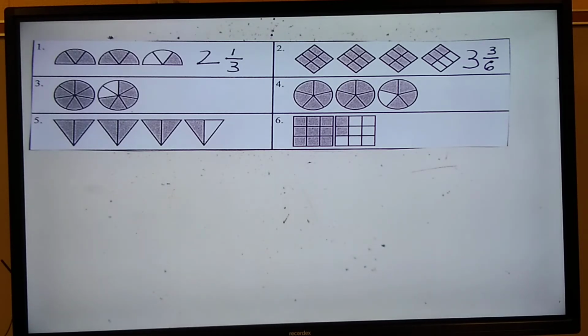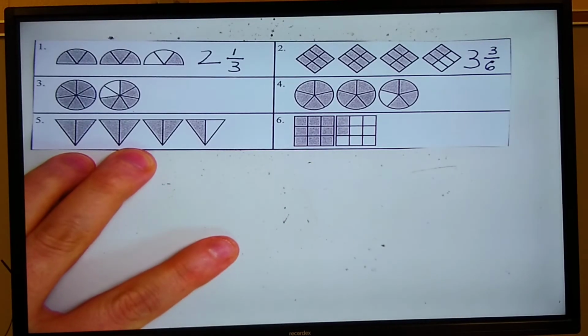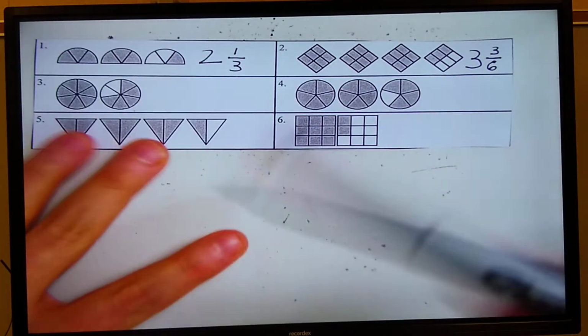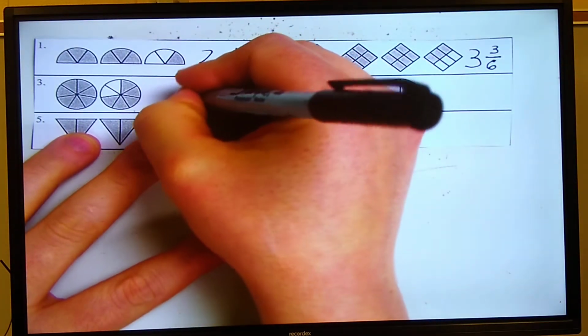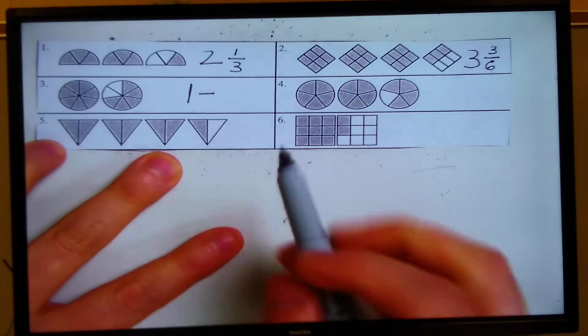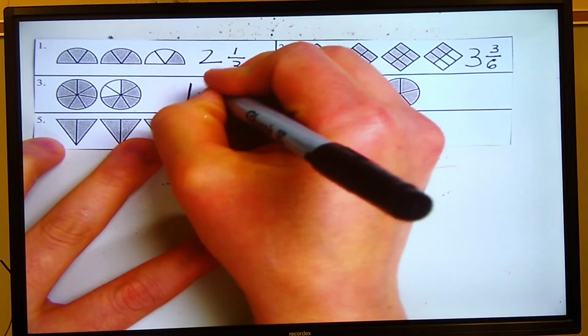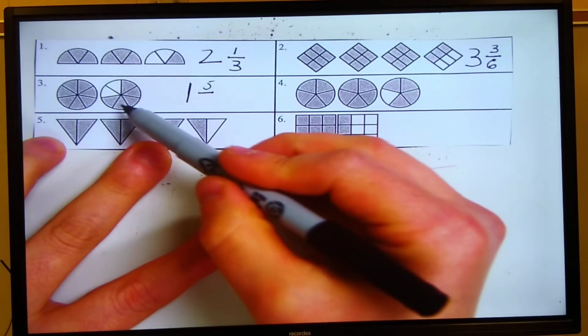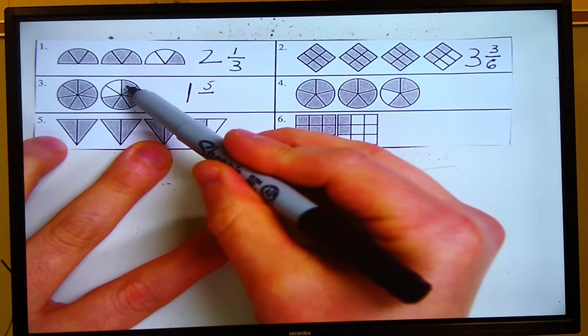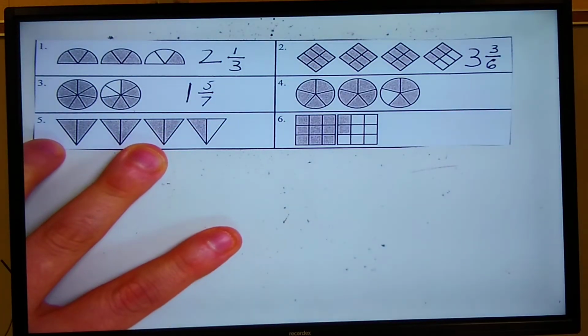All right, let's see how bad you did. Number 3, how many do I have completely shaded in? Just 1. So my whole number is going to be 1. Now I got to discover my fraction. My numerator will be 1, 2, 3, 4, 5. My denominator will be 1, 2, 3, 4, 5, 6, 7. 1 and 5 sevens.